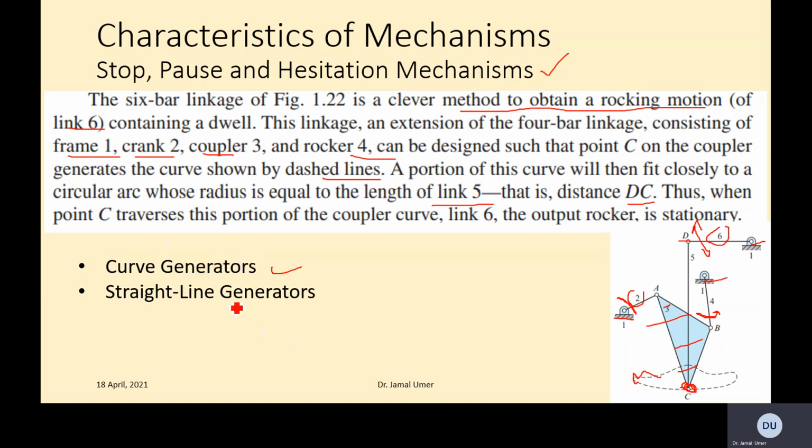If you're interested, you can visit chapter 1 of Theory of Machines and Mechanisms by Shigley and read it yourself. These are also required to generate curves or even straight line generators.